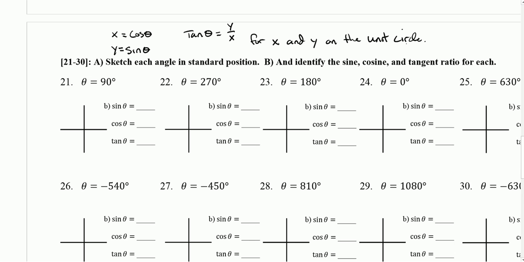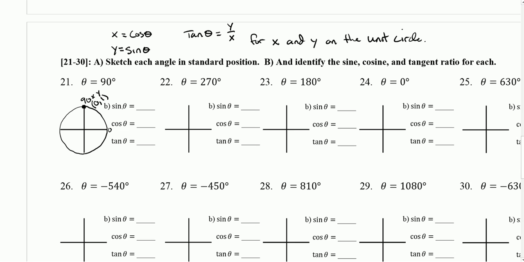Okay, so with that in mind, if we go to 90 degrees, and if I draw in my unit circle, so this is a circle, center 0, 0, radius 1, and I look at the coordinate of that value at 90 degrees, my x value is going to be 0, my y value is going to be 1.